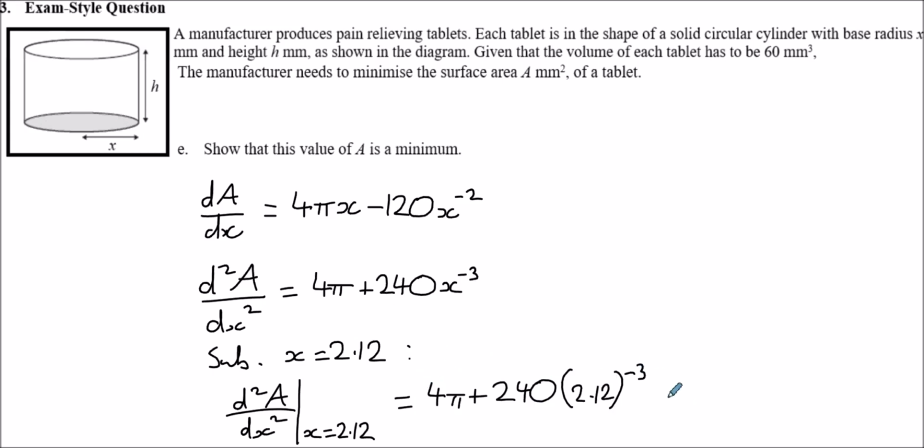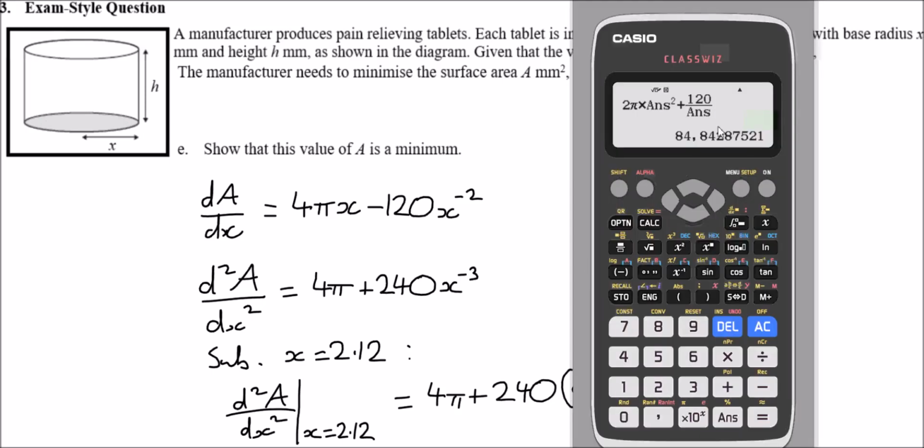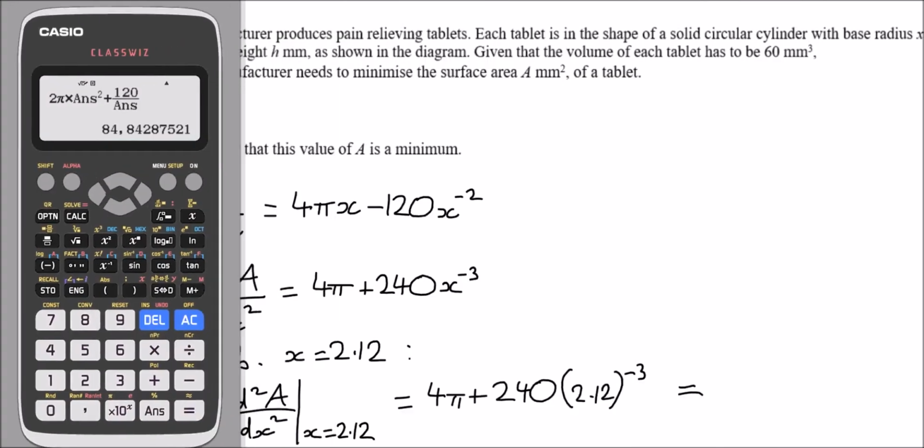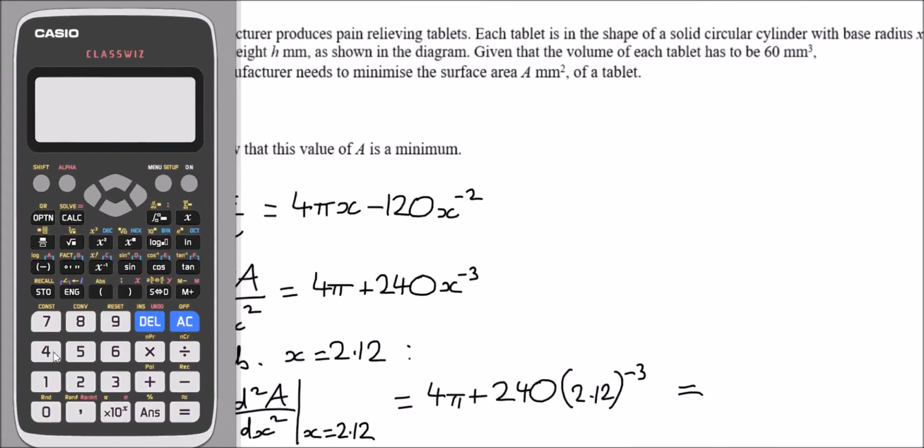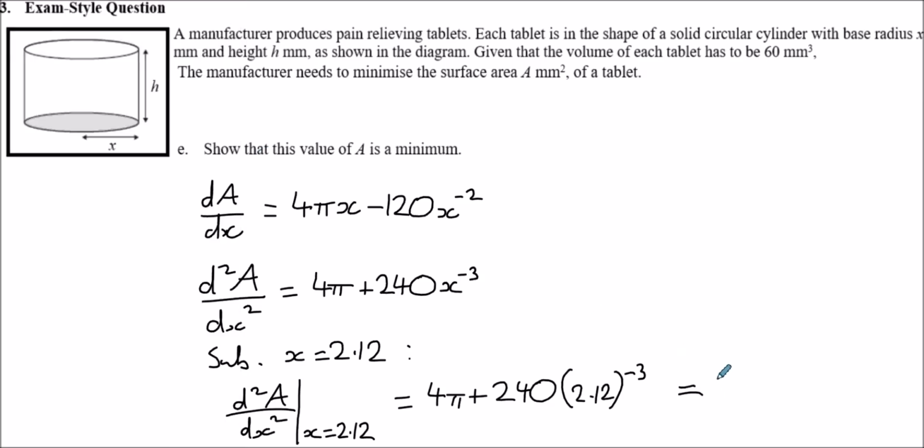So let's just compute this now with our calculators. So 4 pi plus 240 brackets 2.12 to the power minus 3. And we get there about 37.8. So 37.8.